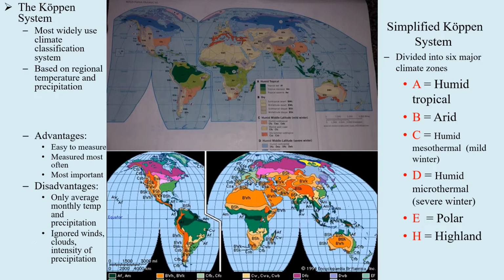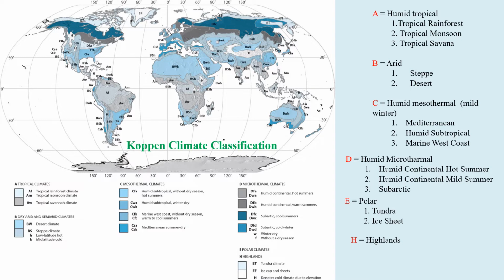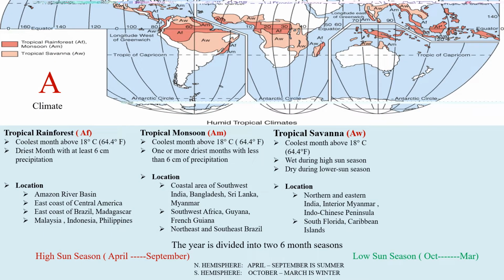So make sure that you have an understanding of each classification: A, B, and C climates. The A climate is divided into 3 parts: tropical rainforest, tropical monsoon, and tropical savanna. Then you have B, steppe and desert; C, Mediterranean, humid subtropical, and marine west coast. Those are the main classifications you need to know.